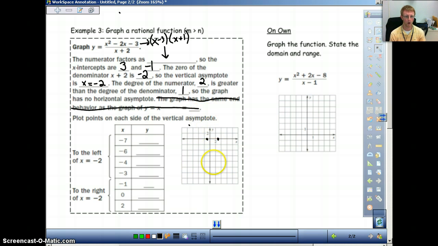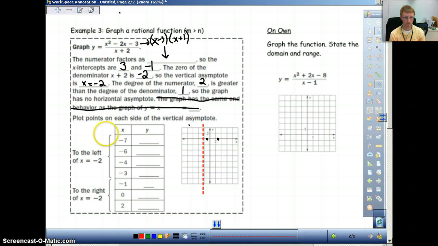And then we have one asymptote at x equals negative 2. So let's plot that. Okay, so there's our vertical asymptote, and that's the only asymptote that we have.